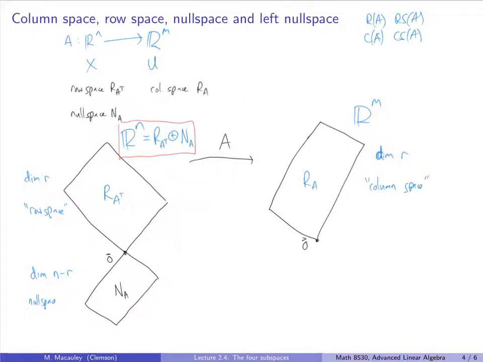It's also not hard to show that vectors in the null space have to be orthogonal to vectors in the row space. I have not defined orthogonality, but I hope you have seen that in your undergraduate class, so you know what that means.